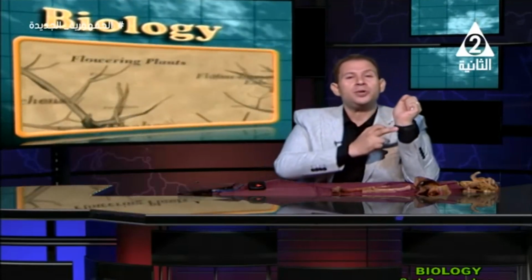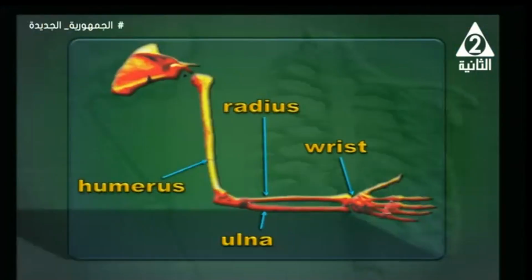Okay? I'm going to put the 8 bones. By the way, the wrist bones, we call them carpals. The wrist bones, which are 8 bones arranged into rows, we call them carpals. They are followed by the hand palm bones.